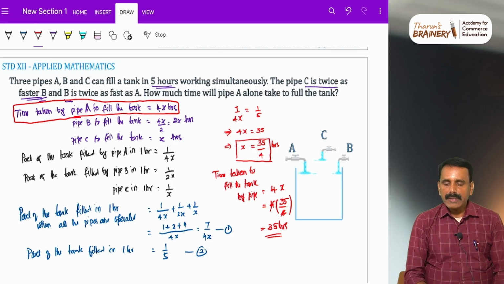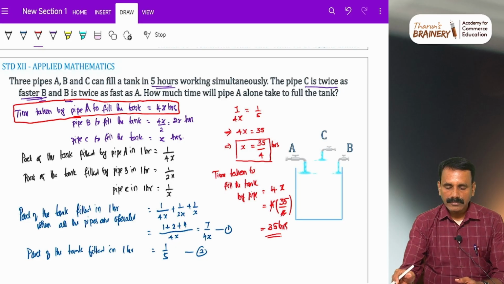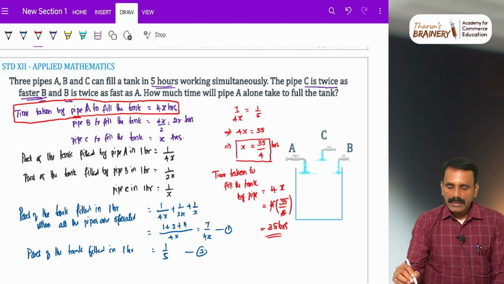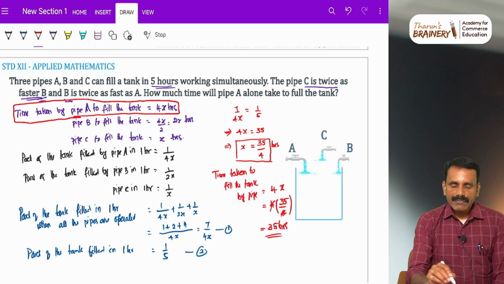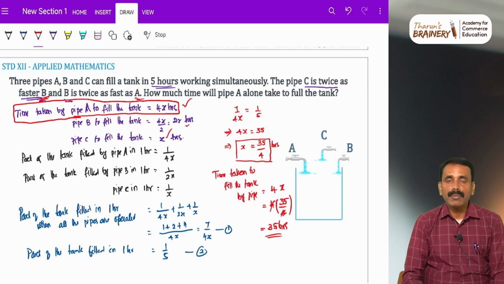So, when pipe A is operated alone, it takes 35 hours to fill the tank. Here they have given pipe C is twice as fast as B, and B is twice as fast as A. So, we take the time as 4x hours for A, 2x hours for B, and only x hours for C to solve the problem.